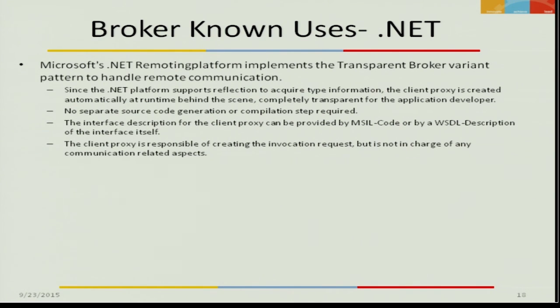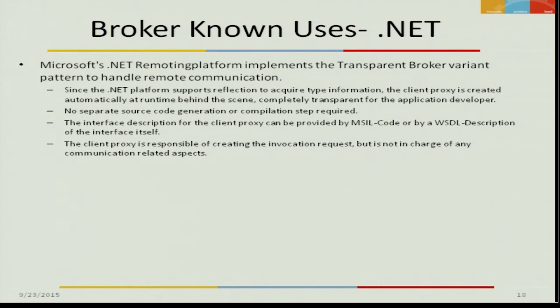In this case of .NET, it is not required. The interface description for the client proxy can be provided by a specific language feature called MSIL code or by WSDL description.